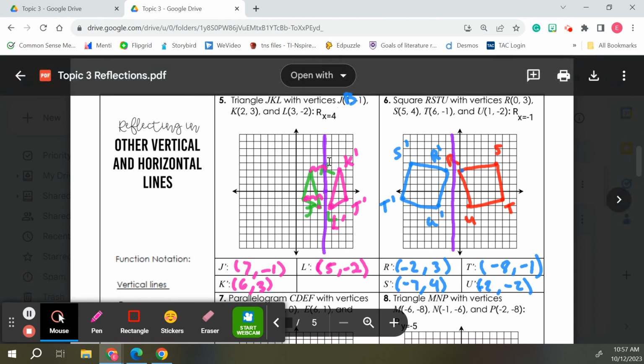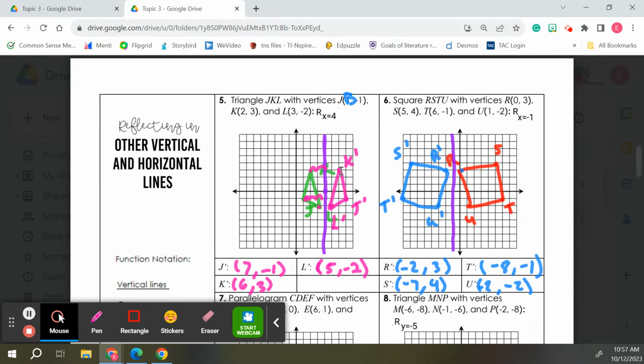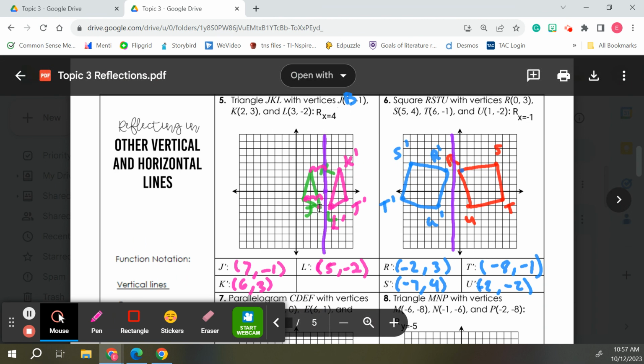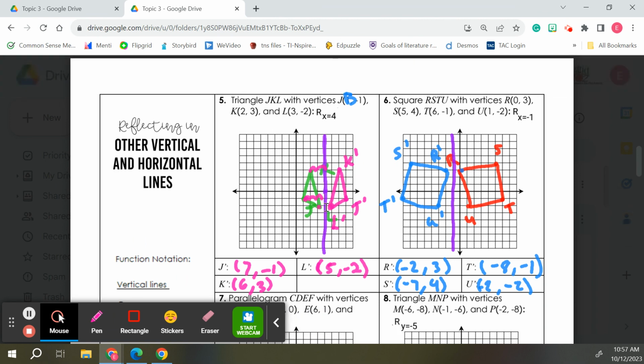Okay, so looking at this, just remember that K is right here. K prime is right there. It's equidistant from that line. L and L prime are equidistant from that line of reflection, and J prime, same thing over here.